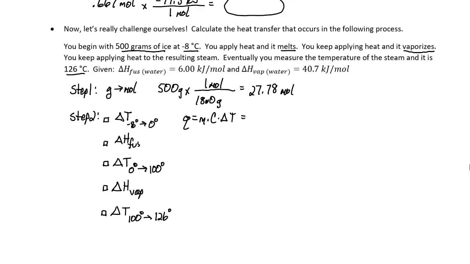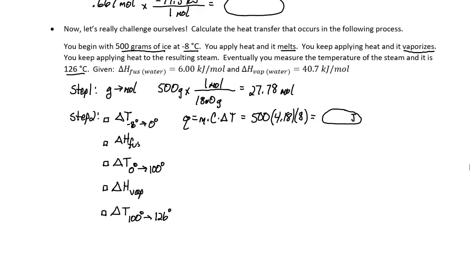The mass is 500 grams, not the 27.78 moles. The value of C is 4.18. And the temperature change when it goes from -8 up to 0 is 8 degrees. It's a positive 8 degrees. The temperature is rising. Multiply all 3 of these numbers together and write down the answer in that position.